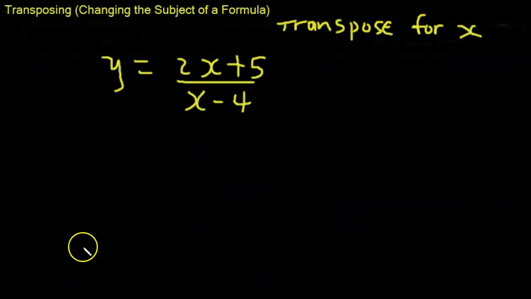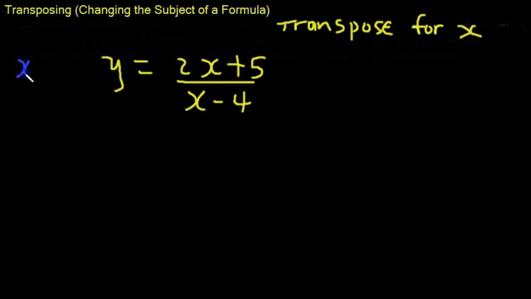So in this problem, we want to transpose for X, or make X the subject. And again, it's an equation or a formula with a fraction which we need to get rid of. It's X minus 4, so we're going to multiply both sides by whatever the denominator is: X minus 4.